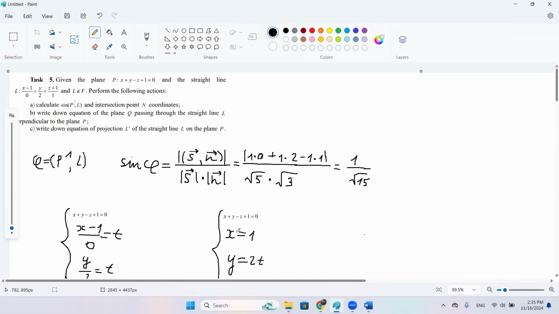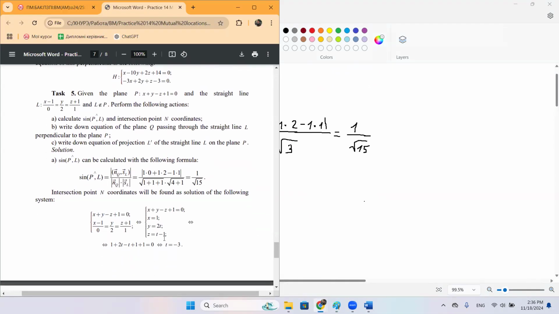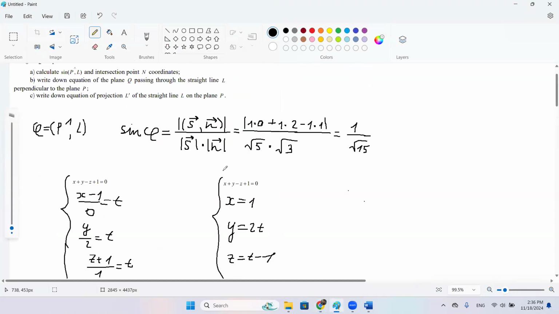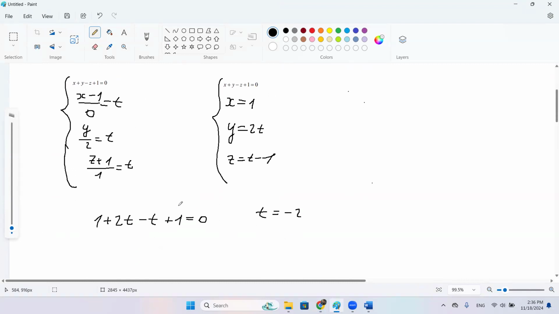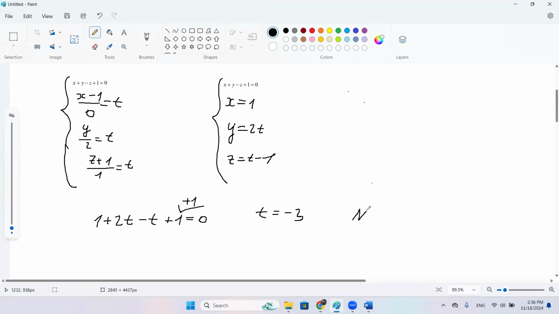One moment. So 2t, t minus 1. Forgot 1, of course, plus 1. So yes, it equals minus 3. My bad. And n has coordinates 1, minus 6, and minus 4.